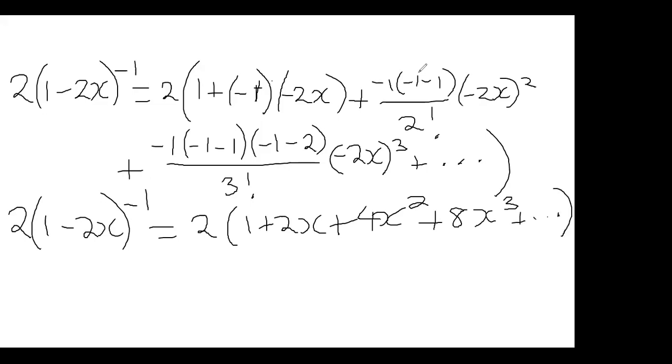That's what we have. Now adding the 2, we have 2 plus 4x, then plus 8x squared plus 16x cubed. While the other one is supposed to be 1 plus 3x, the power negative 1.